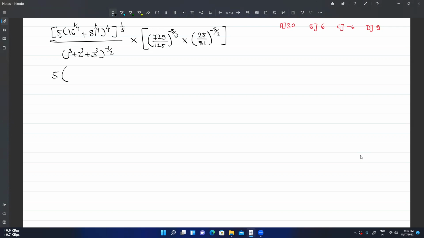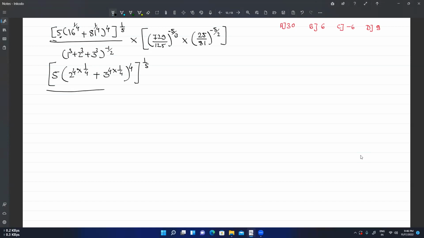The 16 can be written as 2 raised to 4, and 16's index was 1 by 4, which can be written as 4 times 1 by 4, plus similarly here, 81 can be written as 3 raised to 4, and this 1 by 4 can be written as times 1 by 4. Now the whole bracket raised to 4 and again the whole square bracket raised to 1 by 5 is given.